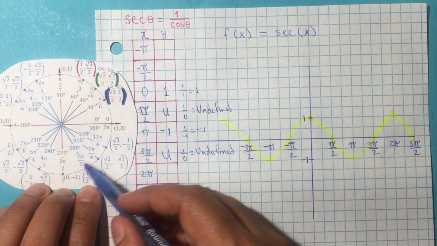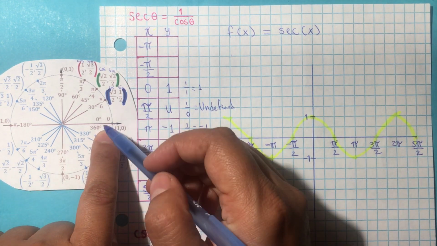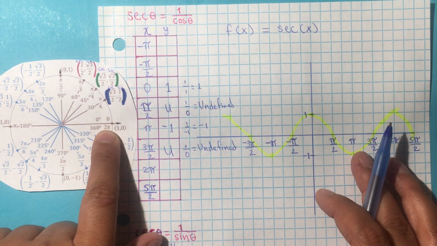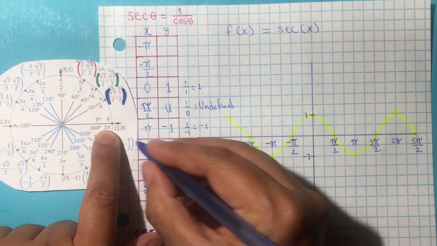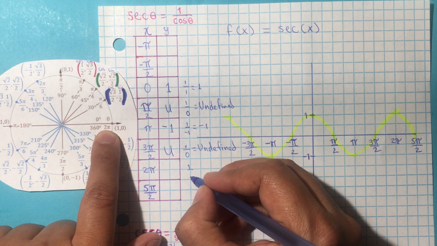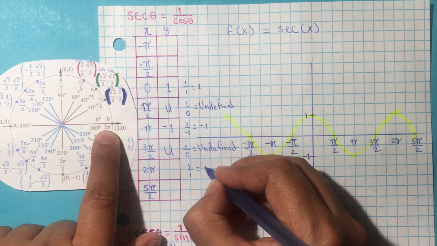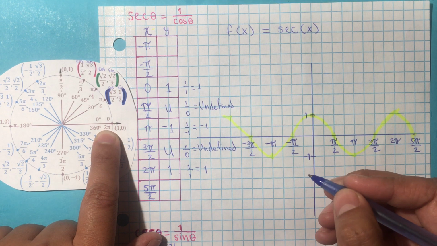Then 2 pi is right here. Remember that we're going by the 90-degree angles. And so it will be 1 divided by cosine of 2 pi, which is 1, and that's equal to +1.